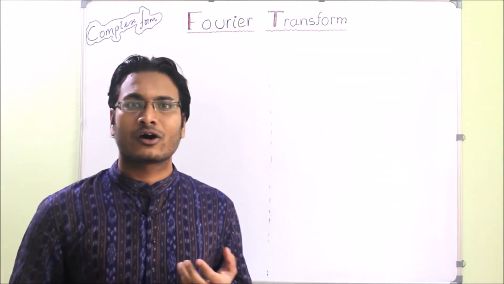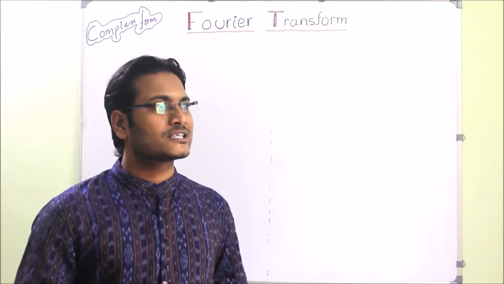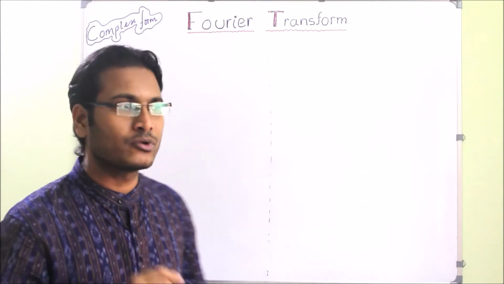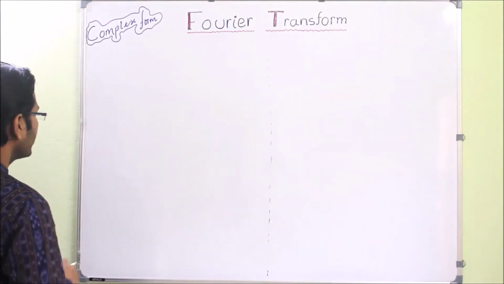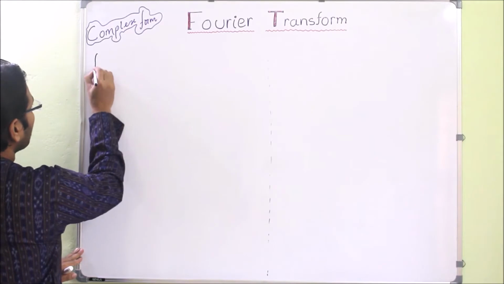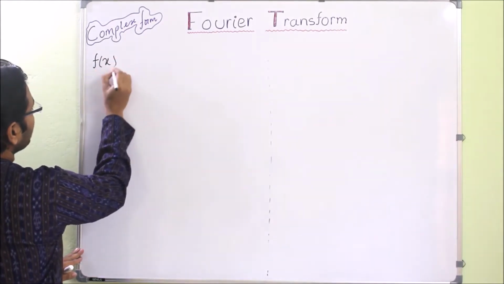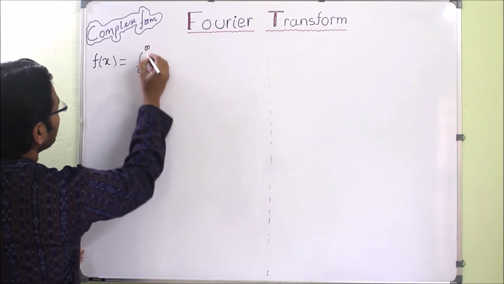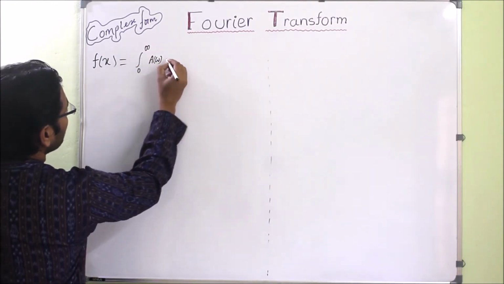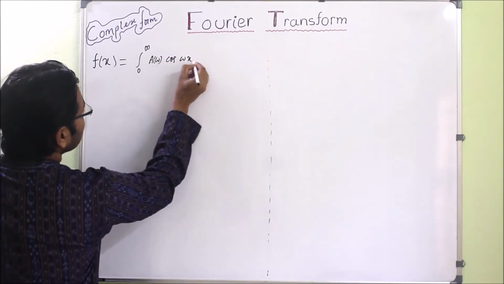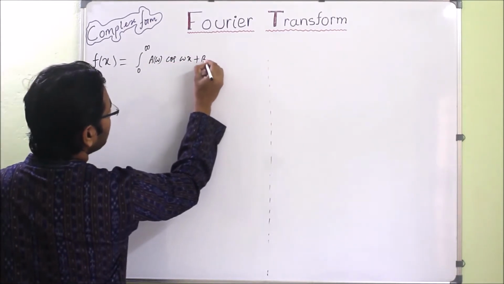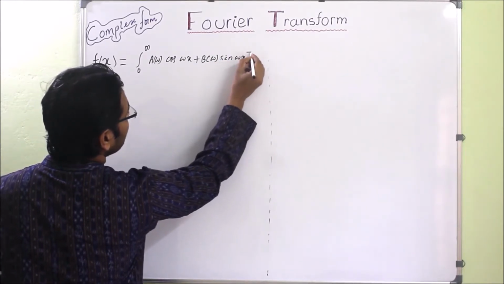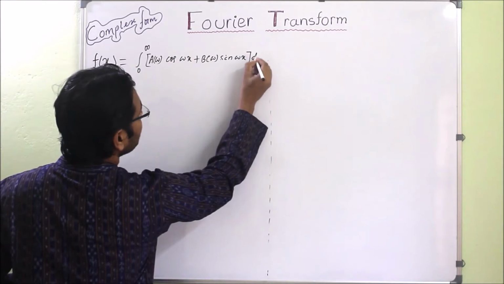So we will derive the complex form of Fourier transform formula from the real form of Fourier integral formula. The real form of Fourier integral formula, f of x, can be represented as the integral from 0 to infinity of aw cos wx plus bw sin wx, dw.